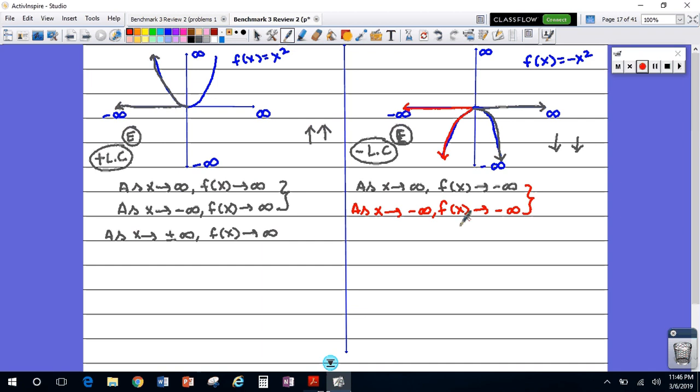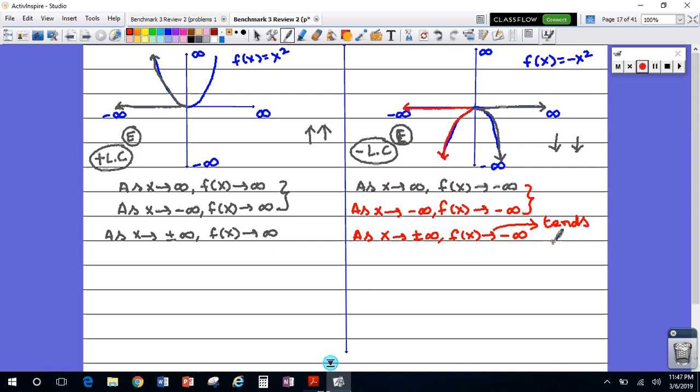Again here, if I want to combine these two results, I can say that as x tends to plus or minus infinity, f of x tends to negative infinity. This arrow mark, we always read it as tends.